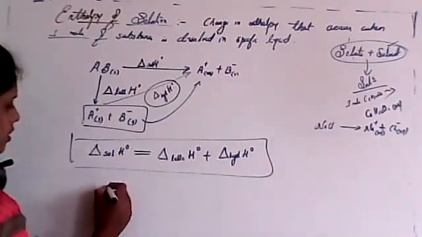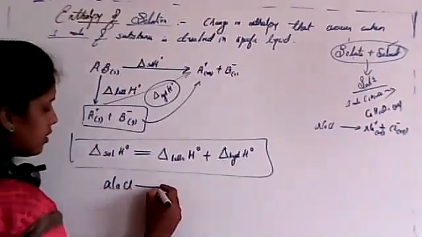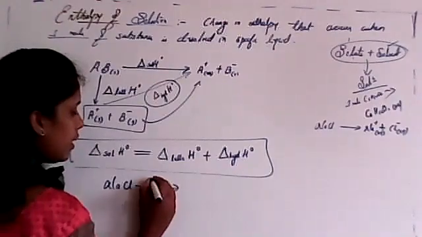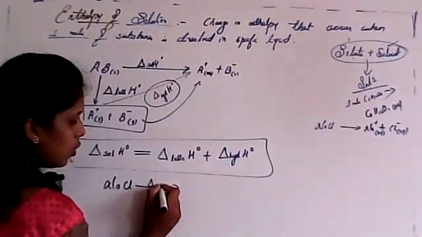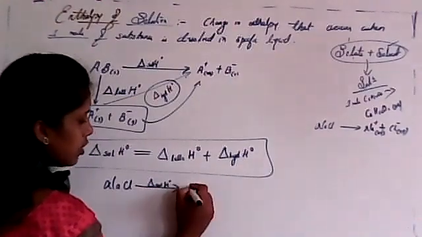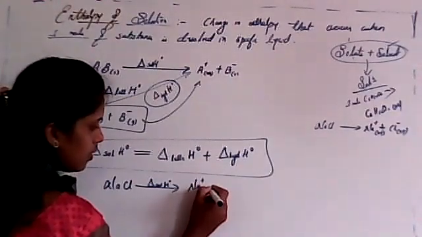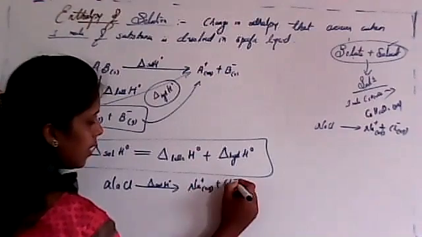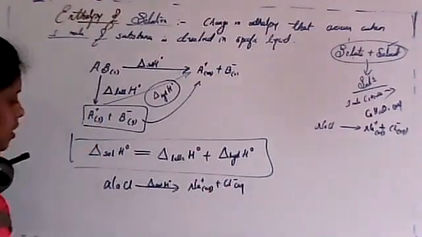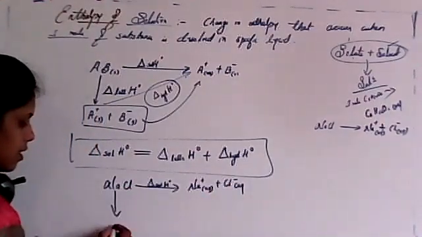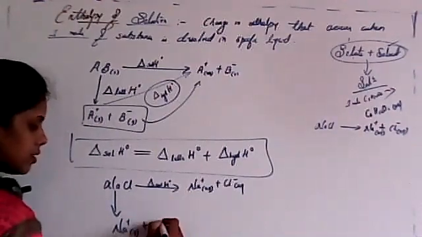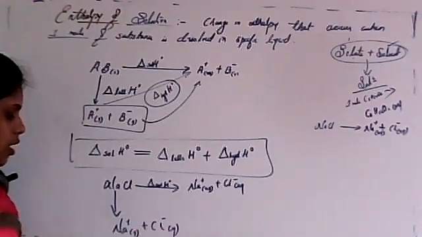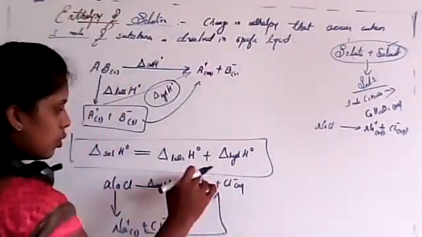I'll consider here the example of NaCl. When NaCl is dissolved in water, that is nothing but a solution, we get Na plus aqueous plus Cl minus aqueous. Clear? In this case, for lattice enthalpy, we get Na plus gaseous ion plus Cl minus gaseous ion. Now I have to convert this into this.